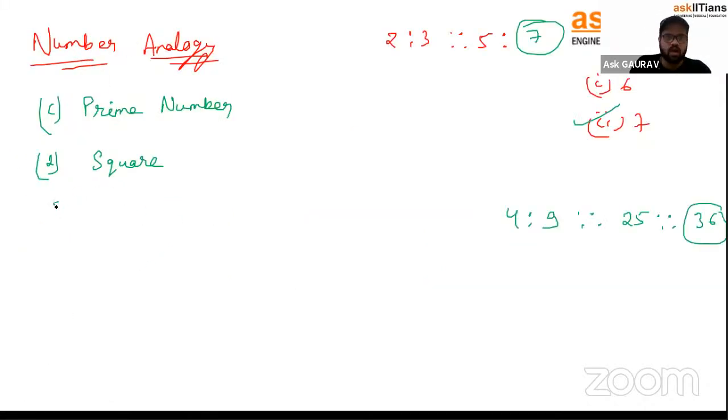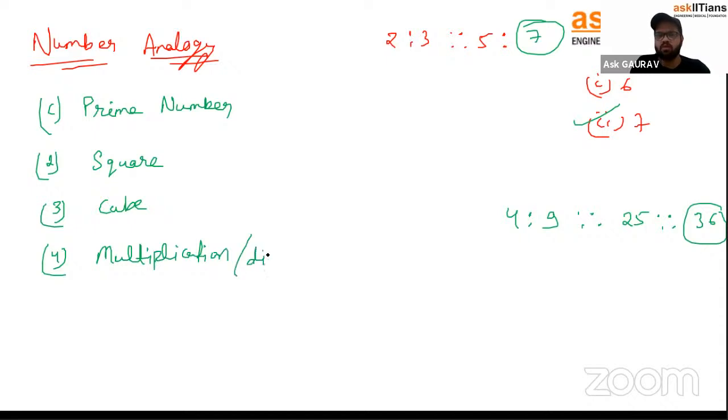So after square, we come to cube, right? We are discussing the priority, right? Then your multiplication or division.